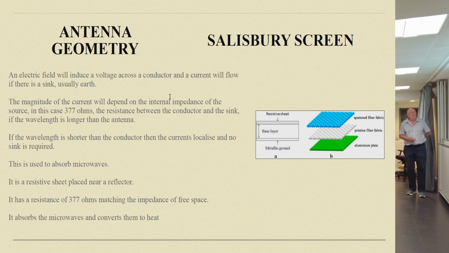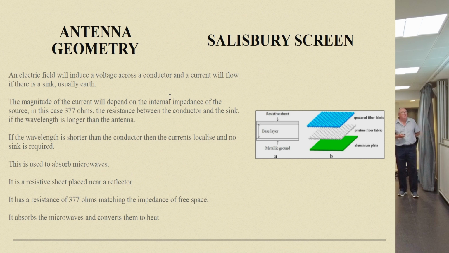And the inspiration for it came really indirectly, from Birmingham. They do a lot of work on antennas, what have you. And there's this thing called a Salisbury screen. Now it's usually used to screen out microwaves. The electric field obviously will induce a voltage in a conductor.